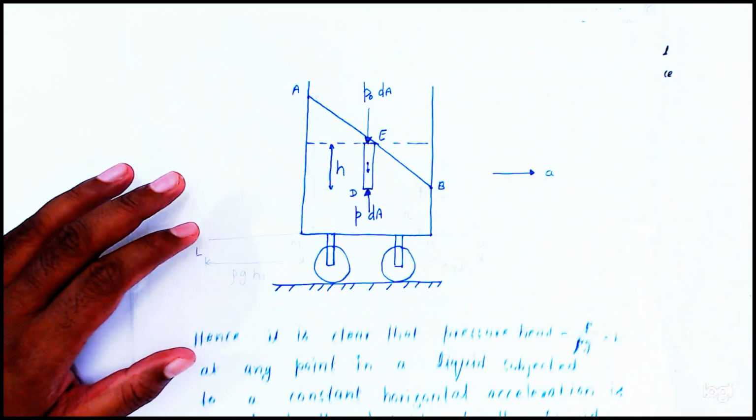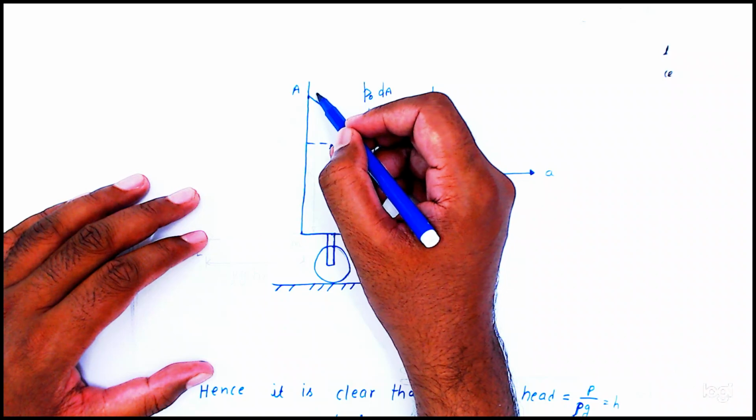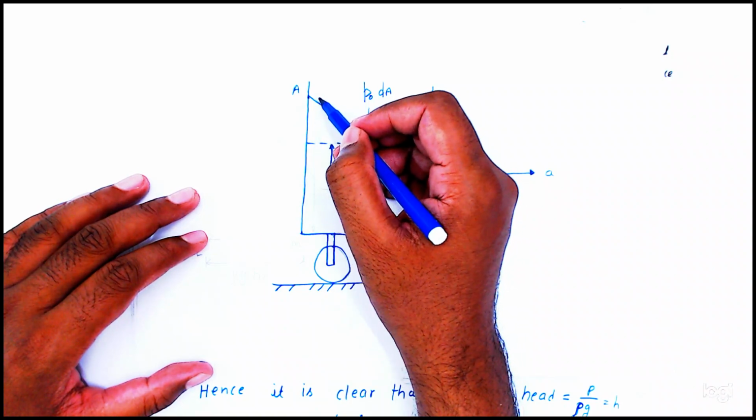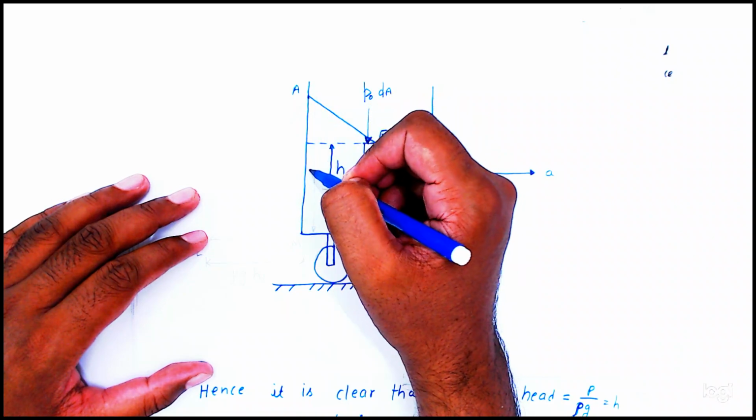Now friends, at this point we are giving the height h1 because the liquid is shifted, so we are giving some value.